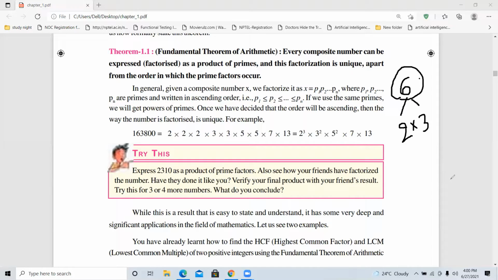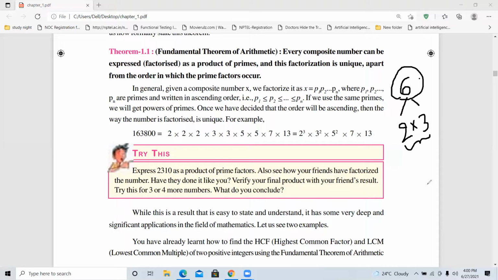And we can also say that this factorization must be unique. If 6 can be expressed as 2 into 3, then no other number in the real numbers can be expressed the same. Every composite number will have a different product of primes. The next point is apart from the order in which the prime factors occur.